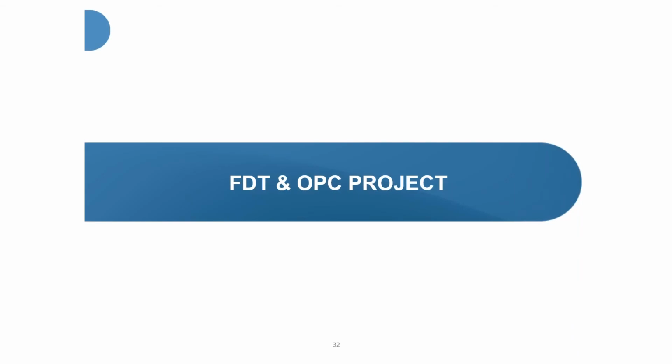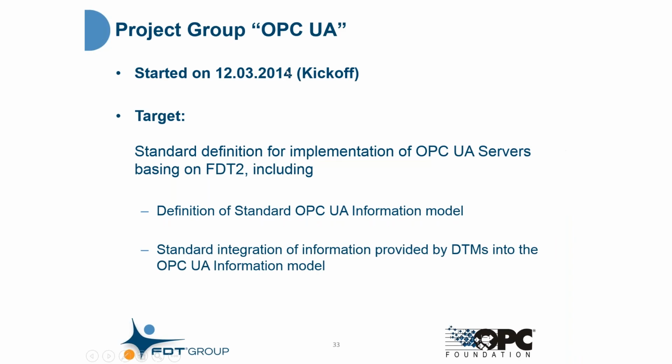Okay, so thank you. And I would like to present to you the FDT OPC project. This project started in 2014 with a kickoff meeting in March, and the target was the definition of an implementation of OPC UA servers based on FDT2.